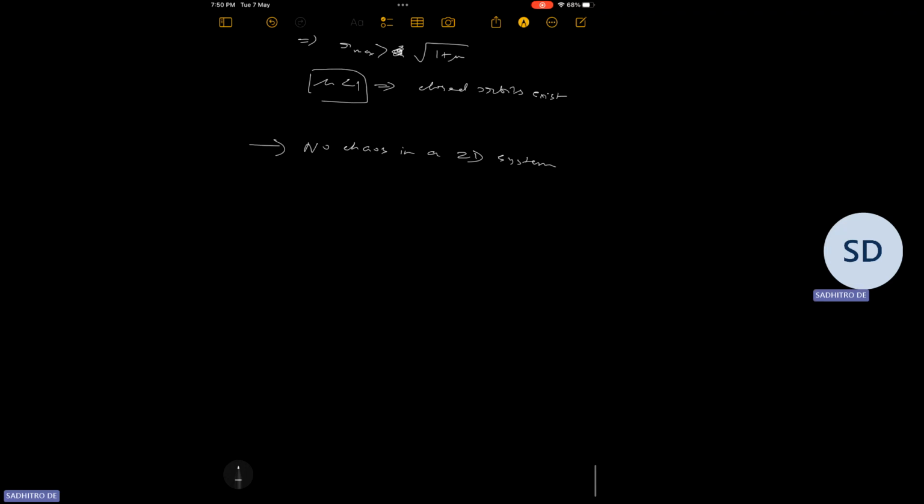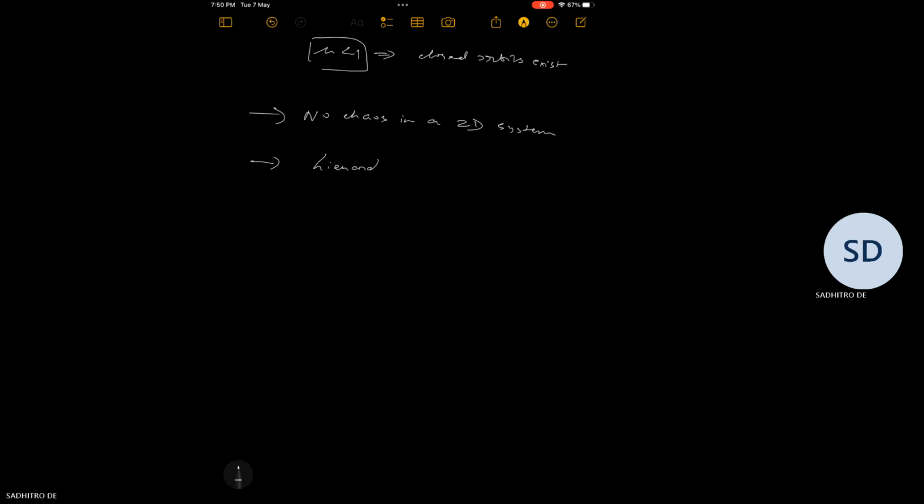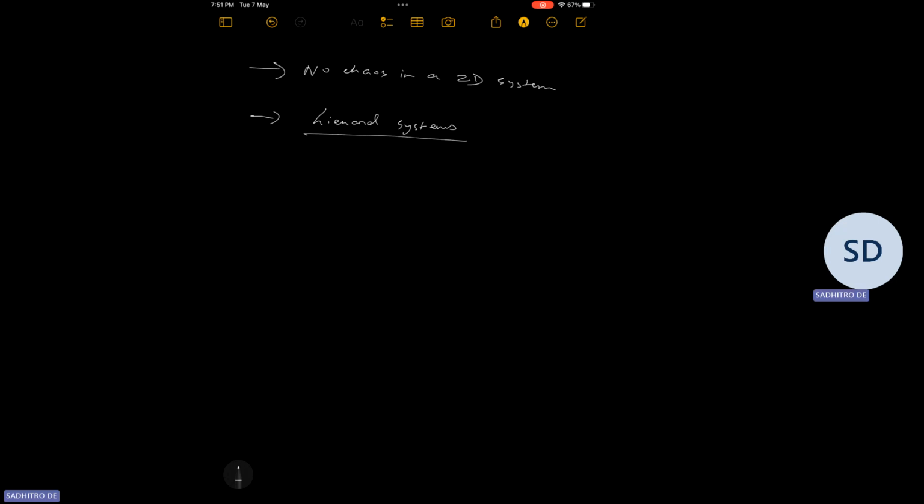So next we come to what are called Lienard systems. A Lienard system is the generic system of this form: x double dot plus f of x dot plus g of x equal to 0, where in general f and g can be nonlinear functions.